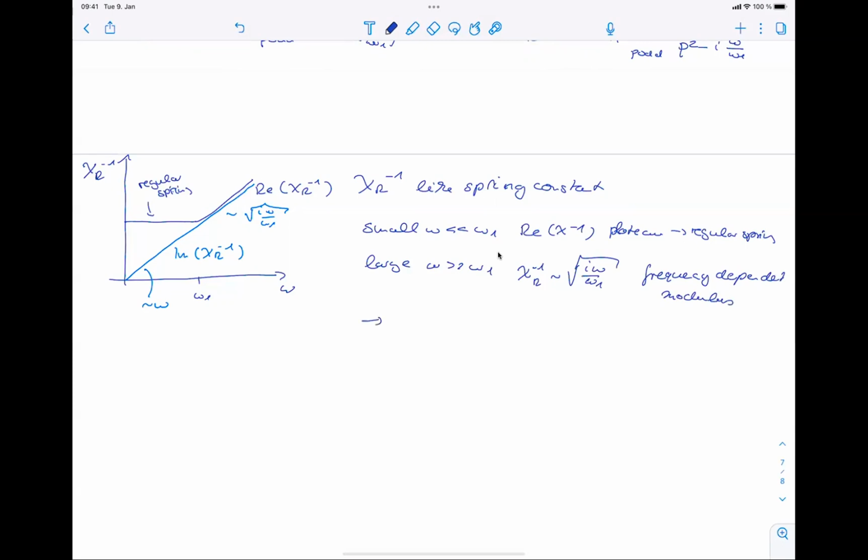So what is dominating? These dynamics are dominated by the longest wavelength mode, i.e. the stiffer modes.